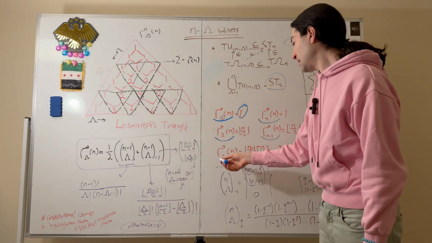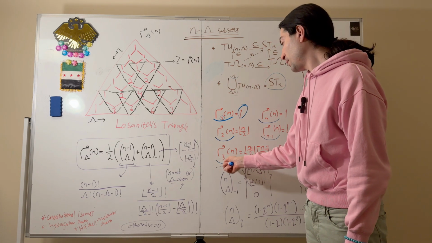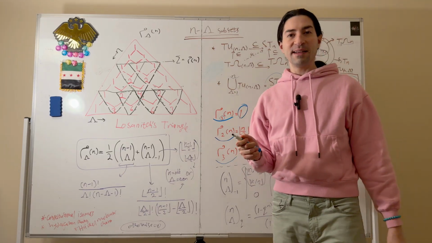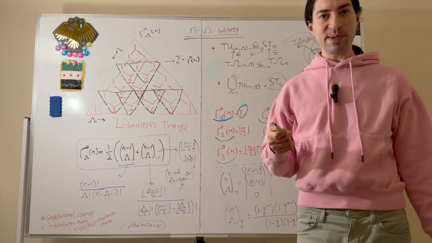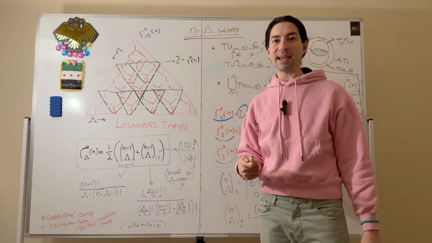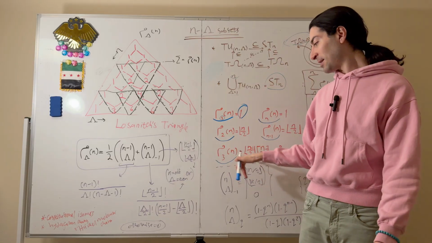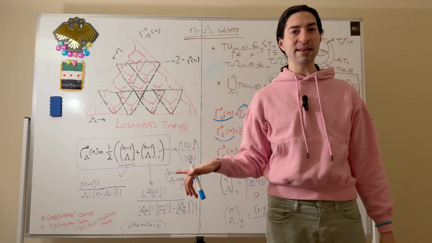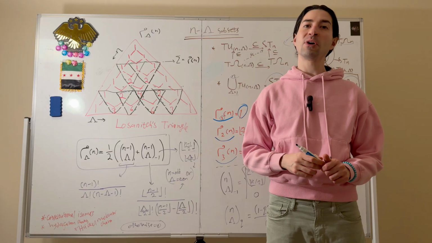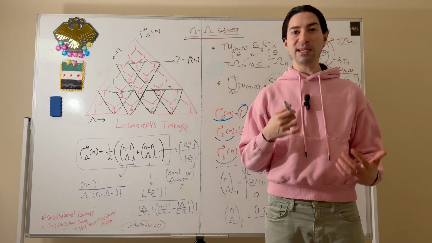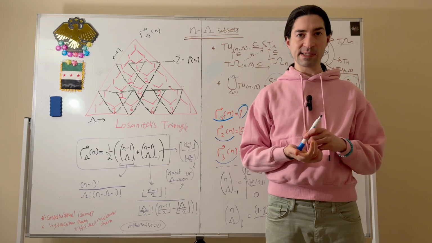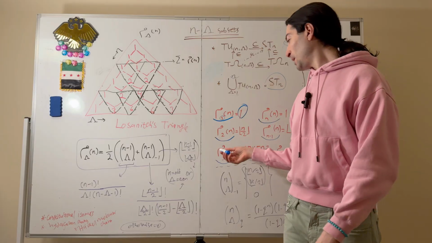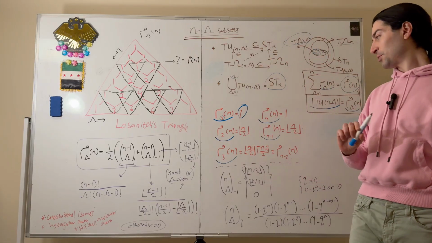Now, let's look at the mean 3 of n. And here the pattern starts becoming more intricate, and we'll just stop at mean 3 of n, because after that it becomes more complicated, and we really need a more generic way to do this calculation. So mean 3 of n is very interesting.